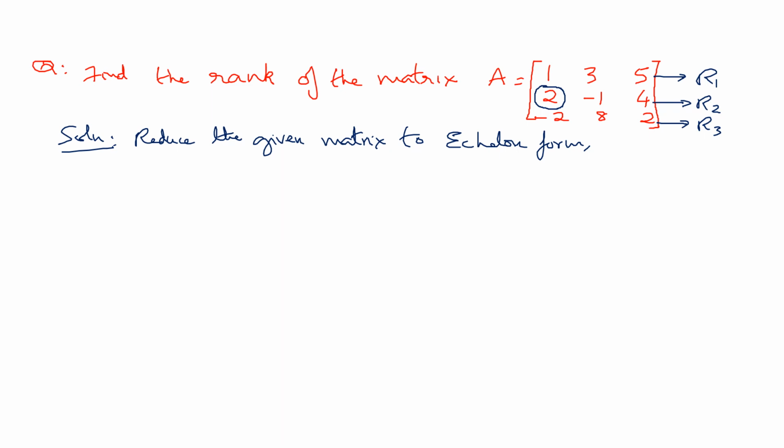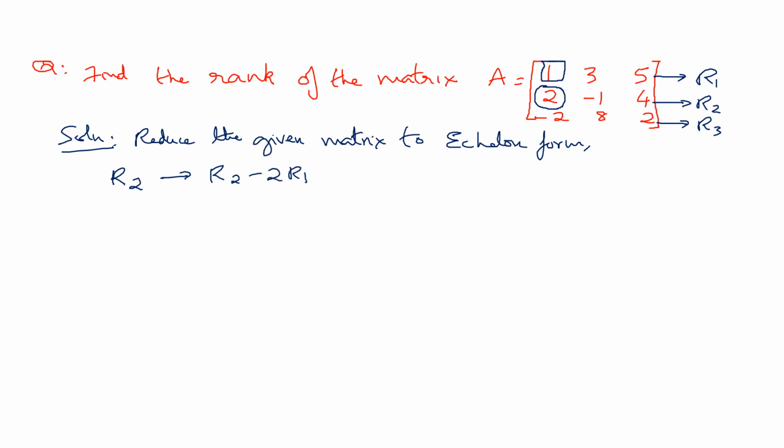So how to make that 2 a 0? It has to be 2 minus 2 as 0. We can write this as a general rule: R2 becomes R2 minus 2R1.